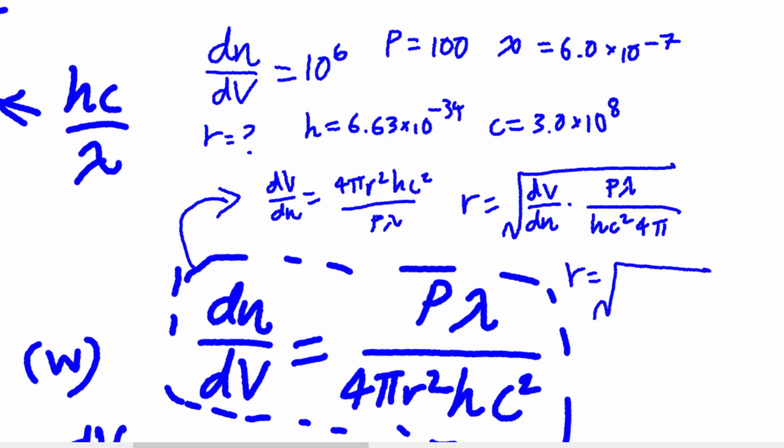Another note is that dV by dN is going to be 1 over 1 million rather than 1 million as suggested from the question.